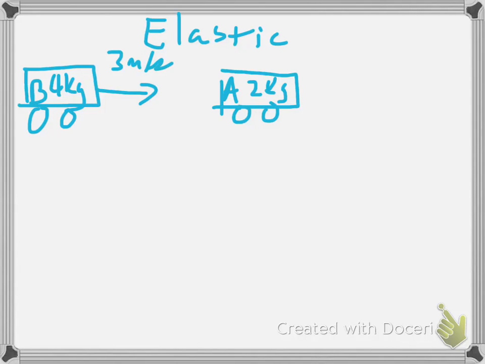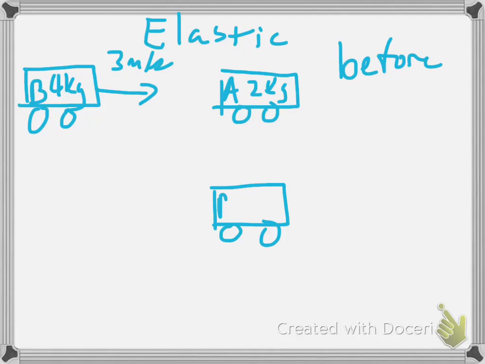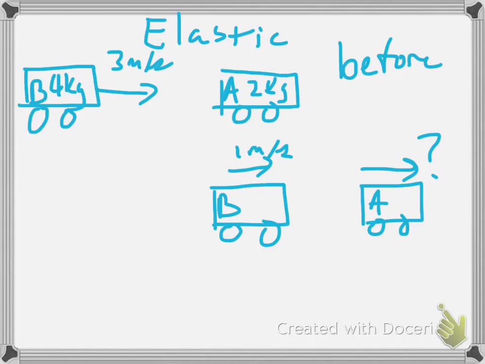Now they're going to collide, but they're not going to stick together. This would be the before. Let's say that after the collision cart B is traveling at 1 meter per second, and we want to know how fast cart A is traveling. We might not even know a direction, as they might not give it to us. And this would be the after scenario.